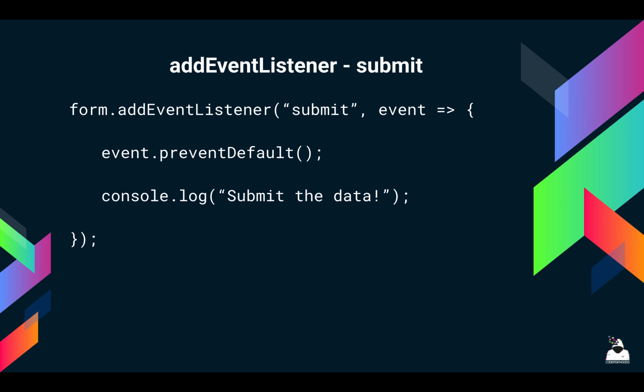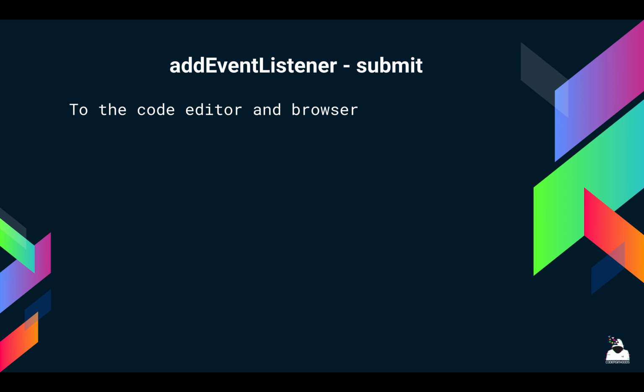So our form, when we submit it, we don't want it to reload the page. We are going to handle the data ourselves. We're going to send it to a server. The server's going to send us back something, and then we're going to display a success message to the user. But in the meantime, we don't want to navigate away to a different page, so we call event.preventDefault.